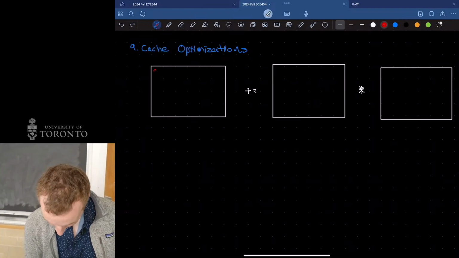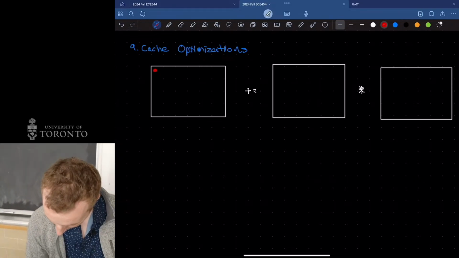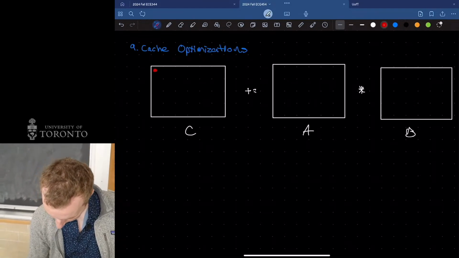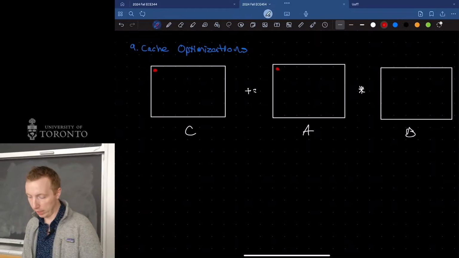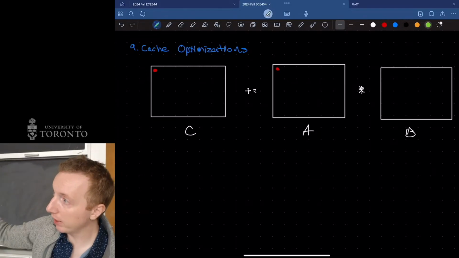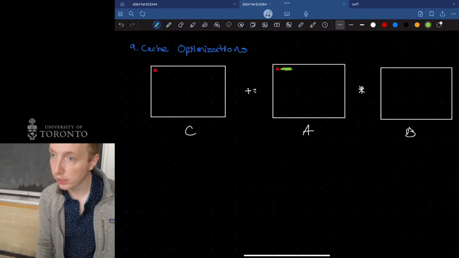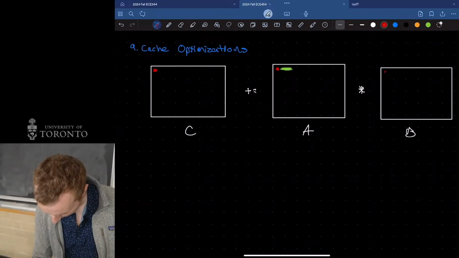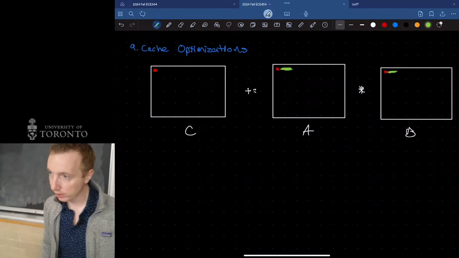So to calculate this one, which would not be in cache in matrix C, I would need this element in matrix A. And then if I access that element in matrix A, it would bring in the entire cache line, right? And then if I access this element in B, it would bring in this cache line.